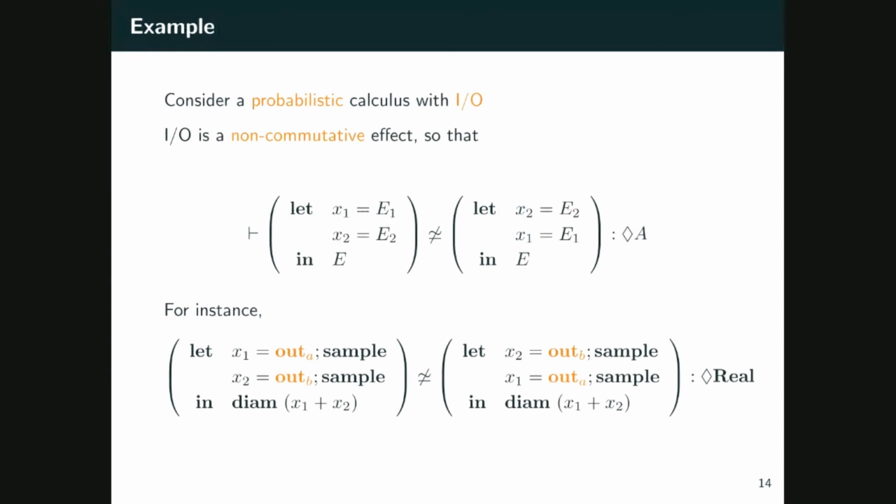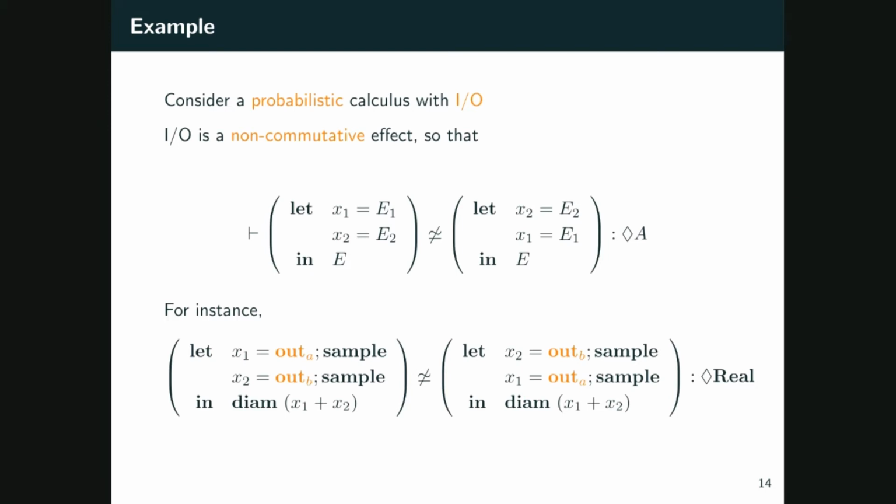Okay, so I was saying, the fact that the types do not give us enough information on the kind of effects that computation may produce also has some consequences on program equivalence. For instance, let us consider a probabilistic calculus with I/O primitives.